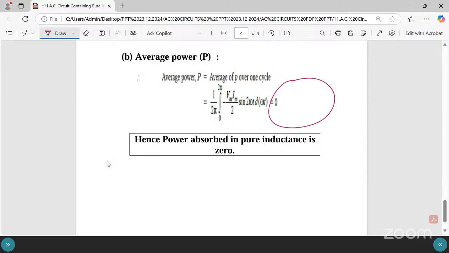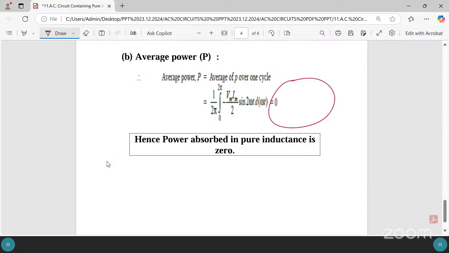Same thing, pure capacitance. Next topic, 7 results, pure capacitance. What is the power consumption? 0. Why is it 0? The assumption is that the capacitor does not have a resistance. If there is no resistance, no heat, no power. No heat, impossible case.